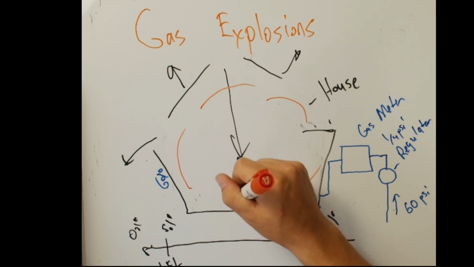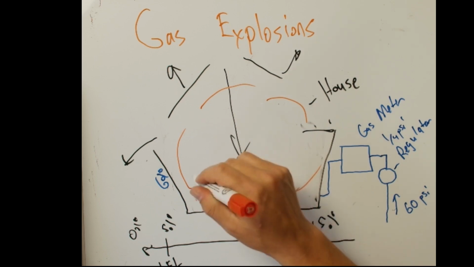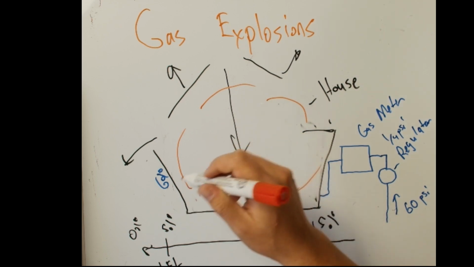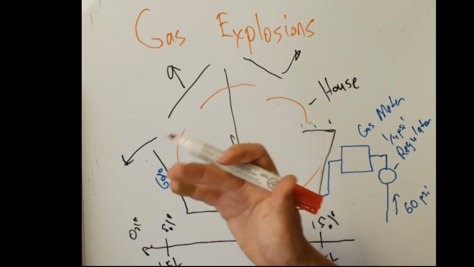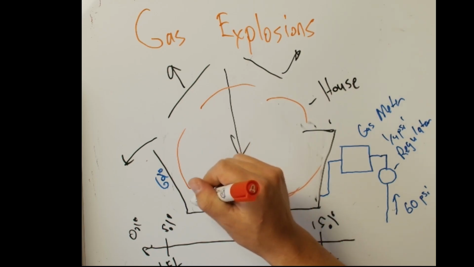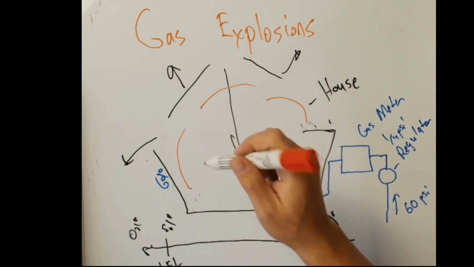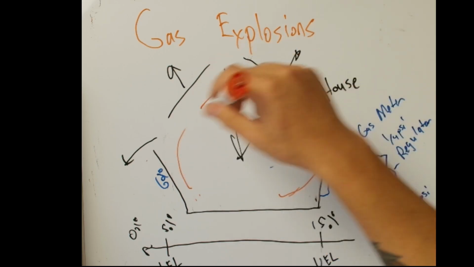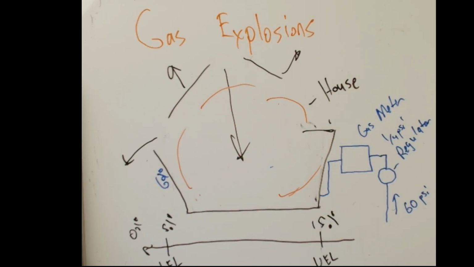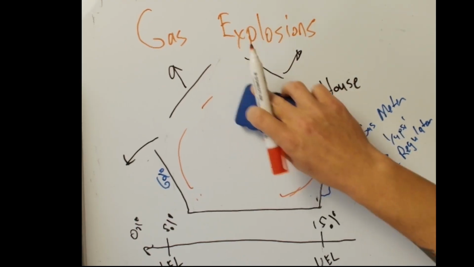Now, where our water heater was, you might have some burning there because the natural gas is still coming out of the pipeline, and depending on how many fuels are available in that space after the explosion has occurred, it may continue to burn there. But most often after lower explosive limit explosions, you will not have very much fire damage left over. But what happens if you go the other direction?